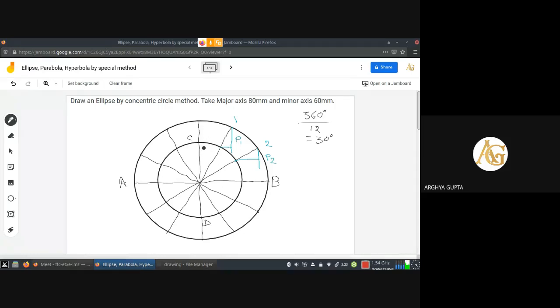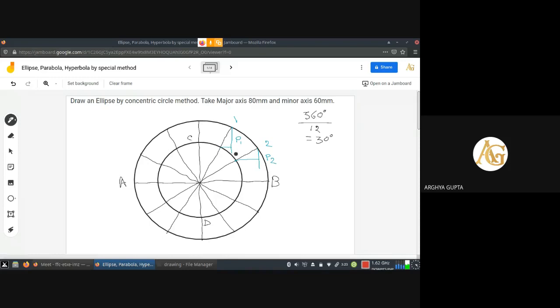One point on the curve is C. So the four points, even before the inclined divisions of the circle are made, only with the axes, we have got 4 points C, D and A, B. These are the 4 extreme points of the ellipse.